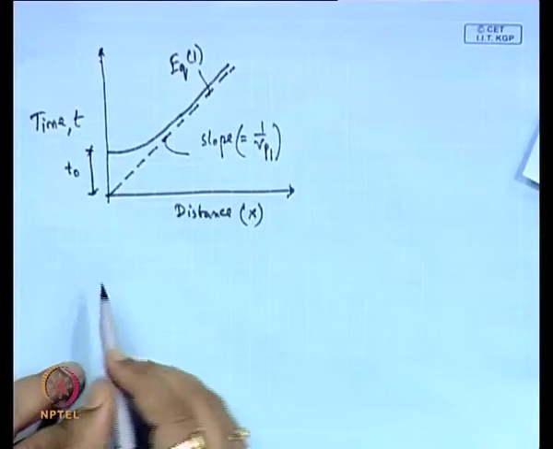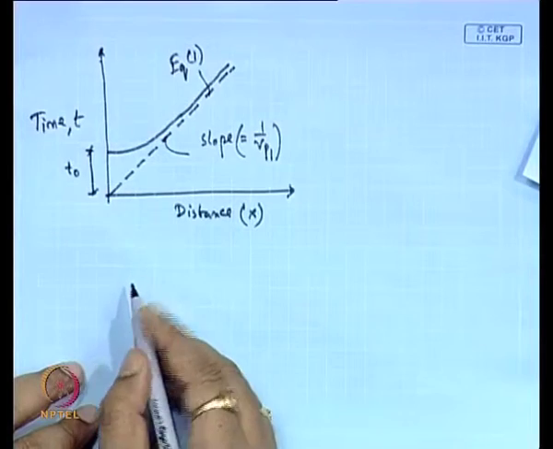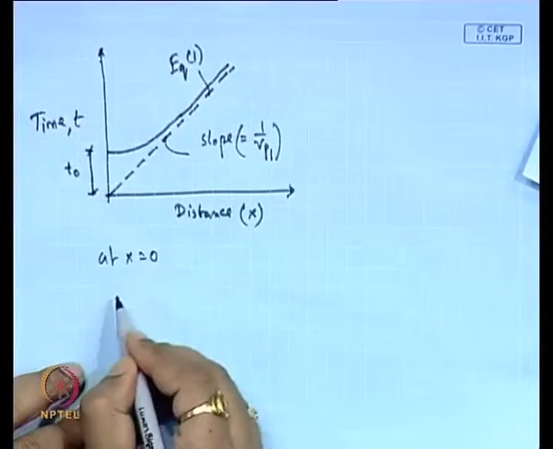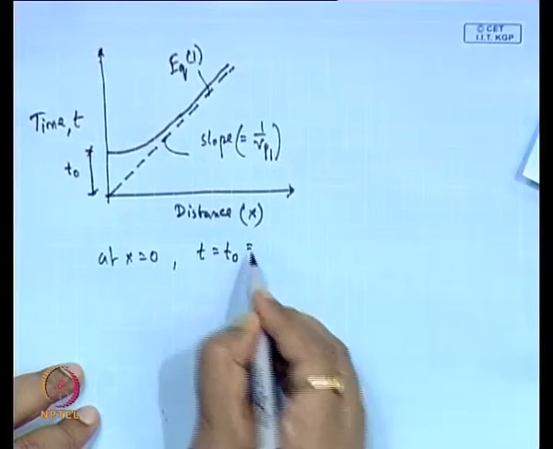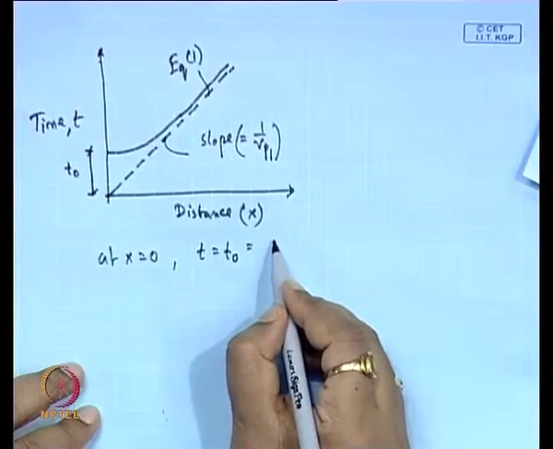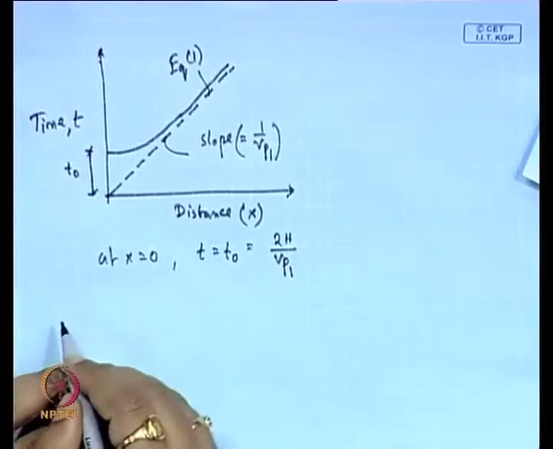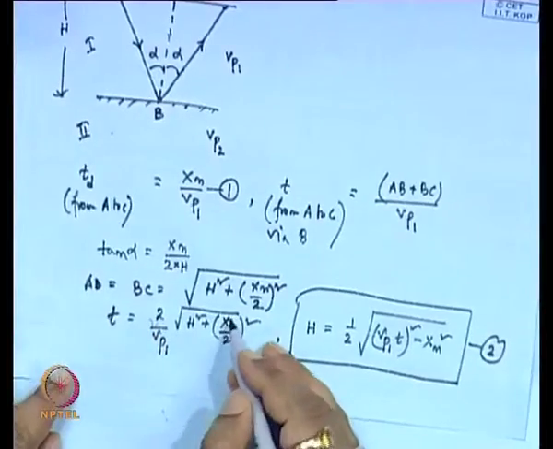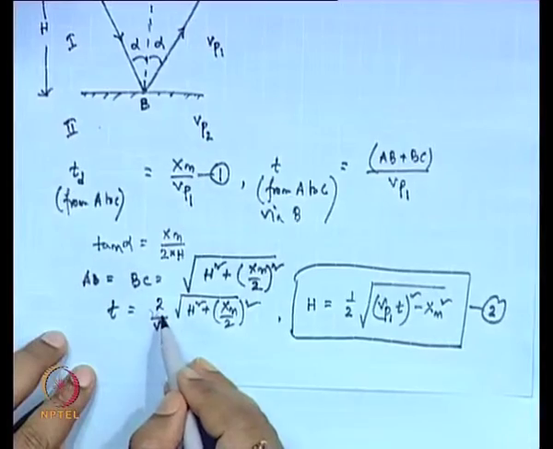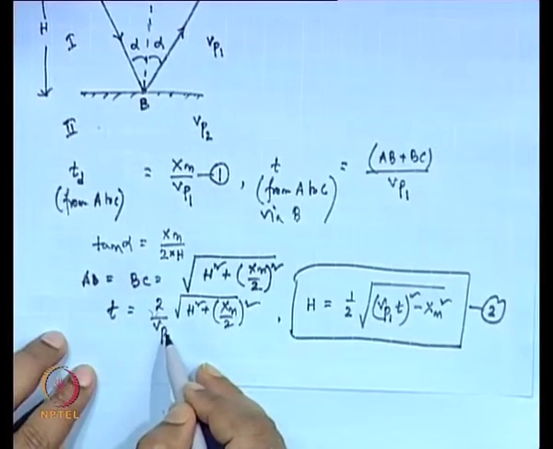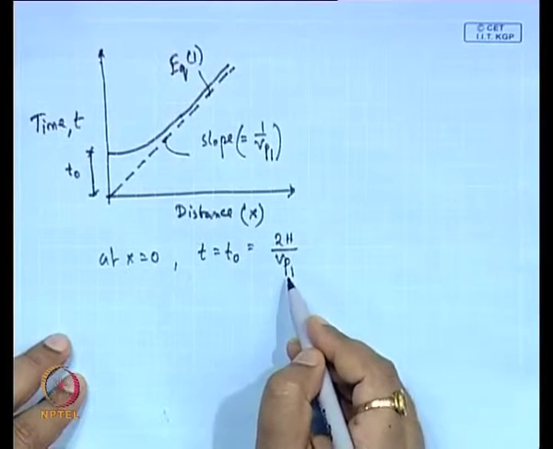Now, we have to determine the thickness of that first layer. So, at x equal to 0, t will be equal to t 0, that is equal to 2 h divided by V p 1, because in this expression if I put x n equal to 0, then t 0 will be 2 h divided by V p 1.